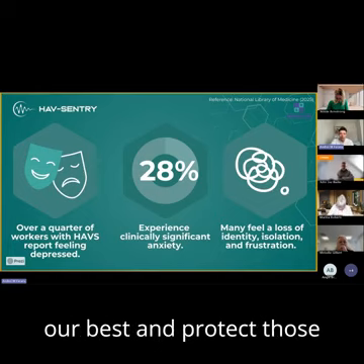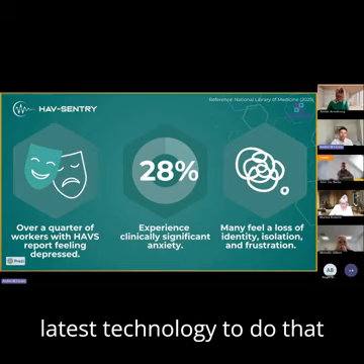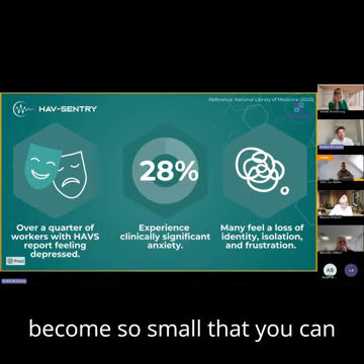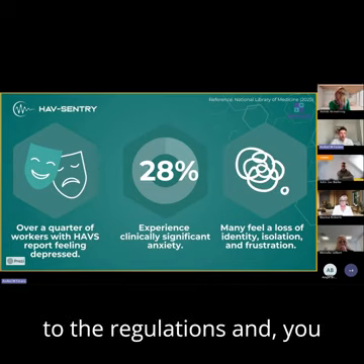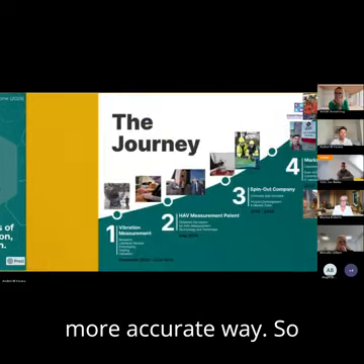So let's try to do our best and protect those people, and use the latest technology to do that, because nowadays sensors have become so small that you can actually fit them on the palm of your hand and be compliant to the regulations and do the job in a lot more accurate way.